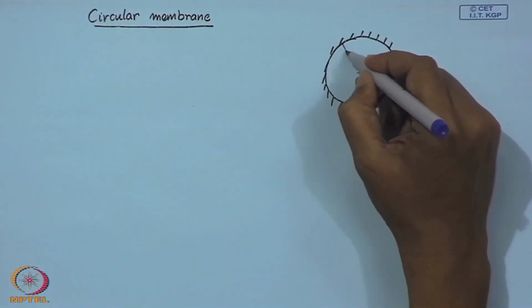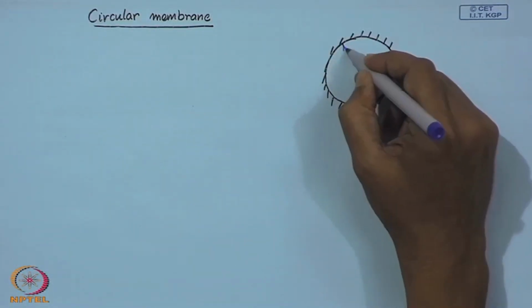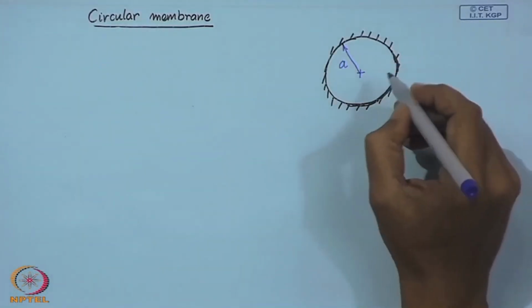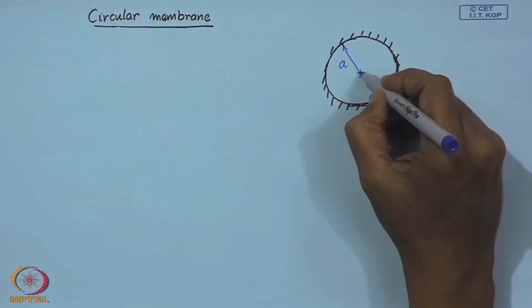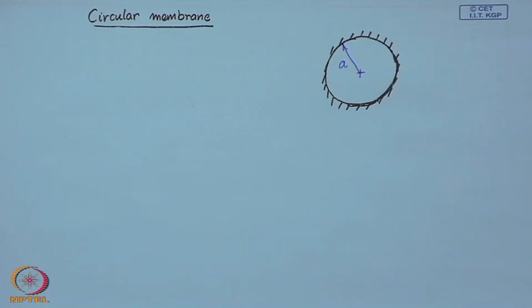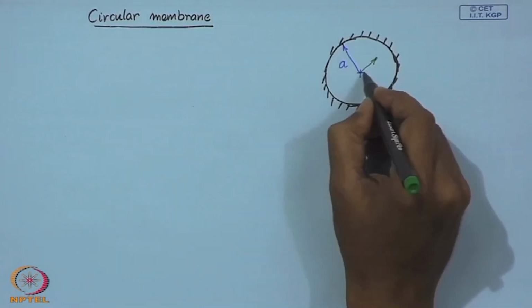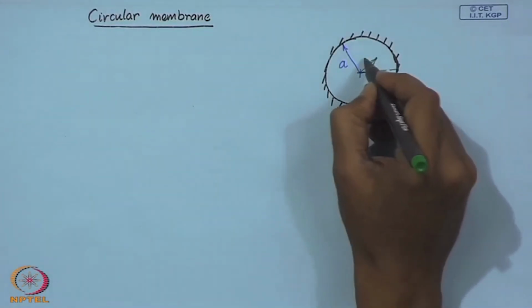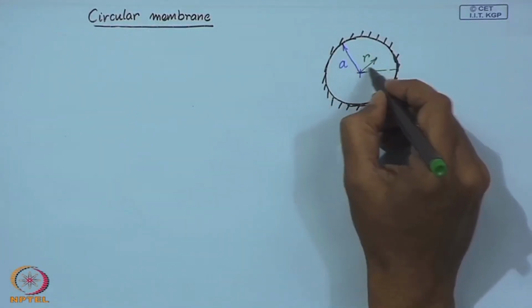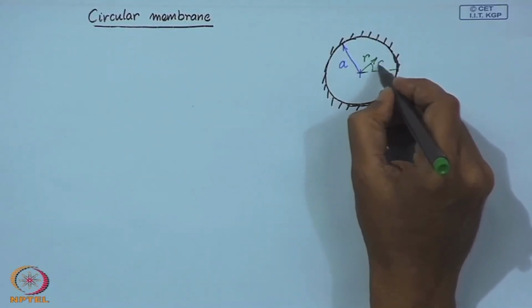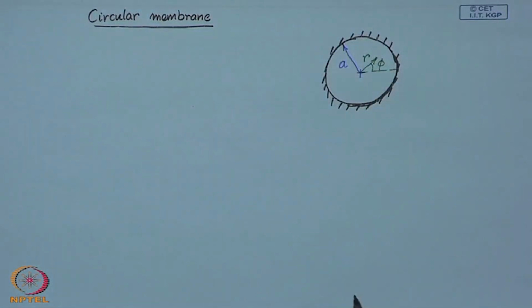The radius of the membrane, let it be small a. Any point on this membrane is denoted using the coordinates r and the angular coordinate phi.